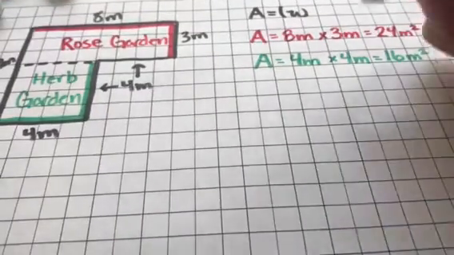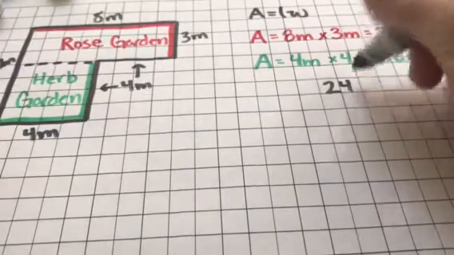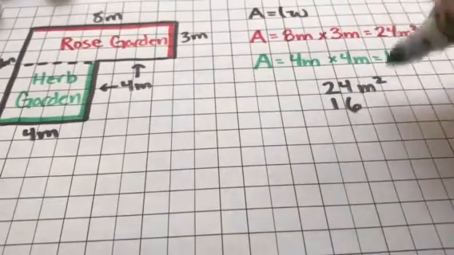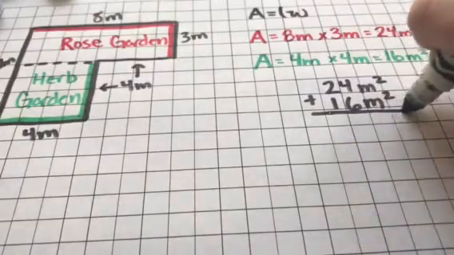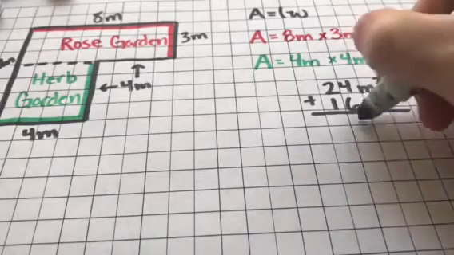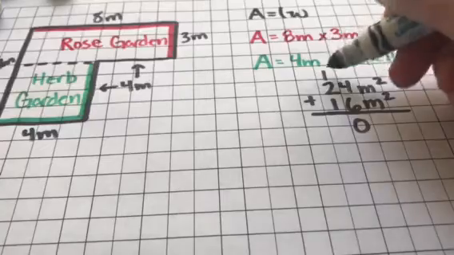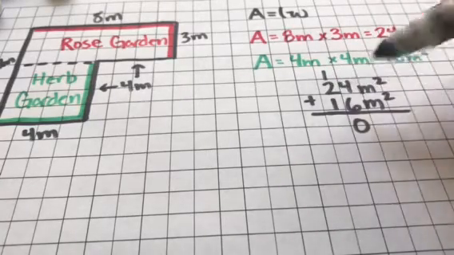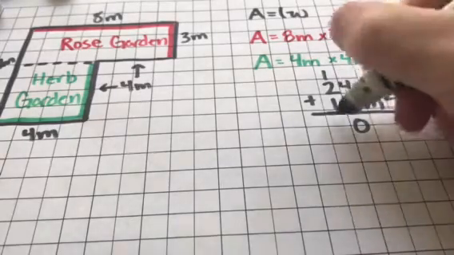So we'll take the area of the rose garden, which was 24 meters squared, and we'll add it to the area of the herb garden, which was 16 meters squared. Okay? 4 plus 6 is, right, 10. 10 plus 20 plus 10, because they're all in the tens, is 40.